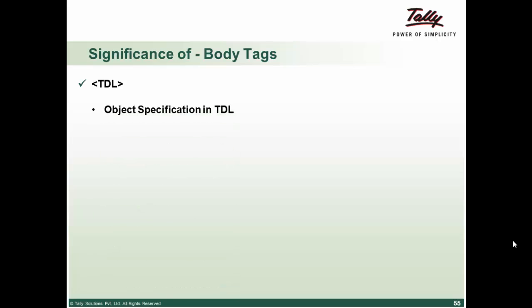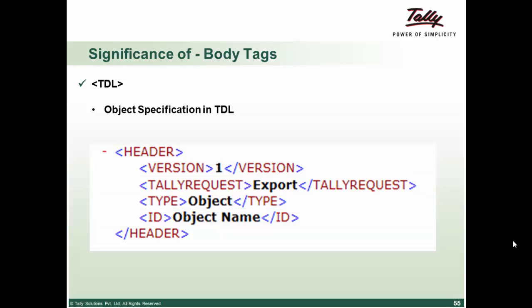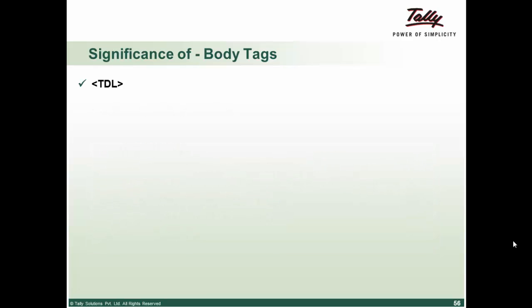Coming to the object specification in the TDL, this is the template value of the Tally request where the Tally request would be export and type is object. The value of ID is the object name, so you need to provide the object identifier. This object name should come inside the tag object within the TDL tag.